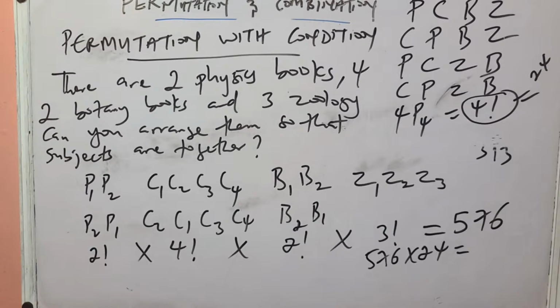What does that give you, guys? 576 times 24 will give you 13824. How many of you got this? I think I saw just one person or thereabout that got this.